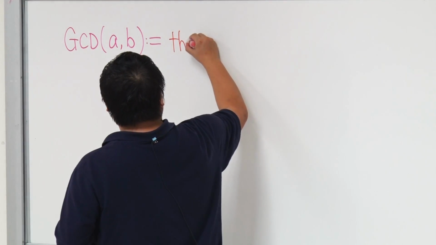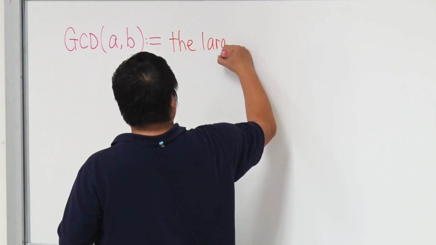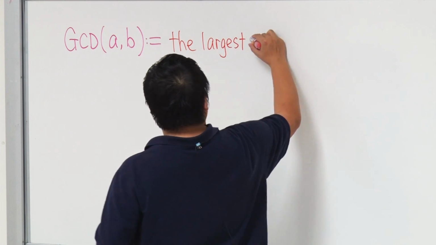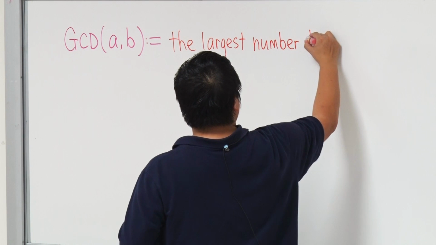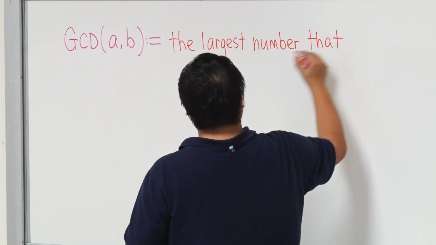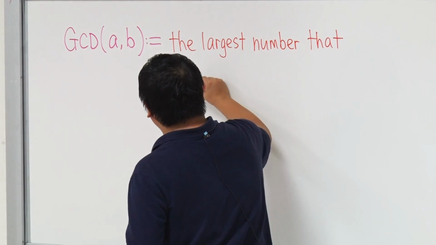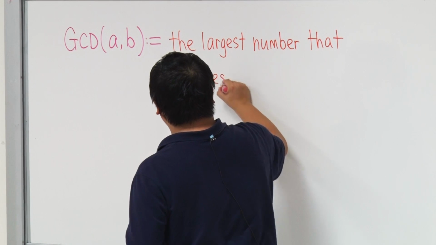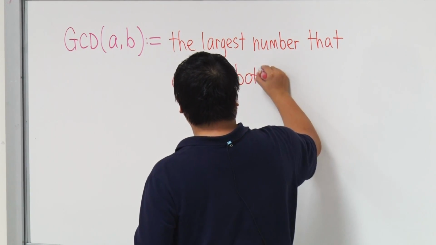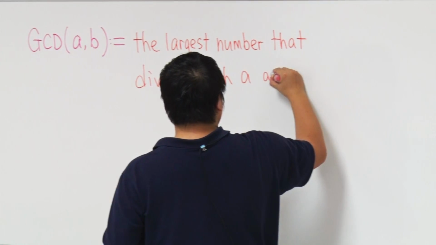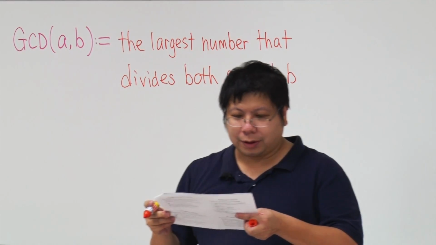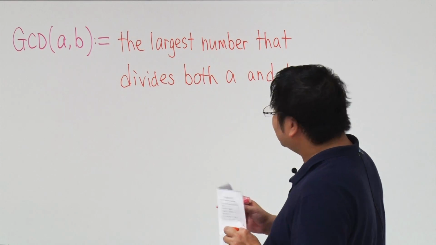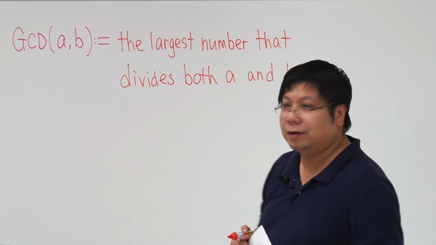GCD of A and B is defined to be the largest number that divides both A and B. So normally we will look at numbers A, B to be non-negative.